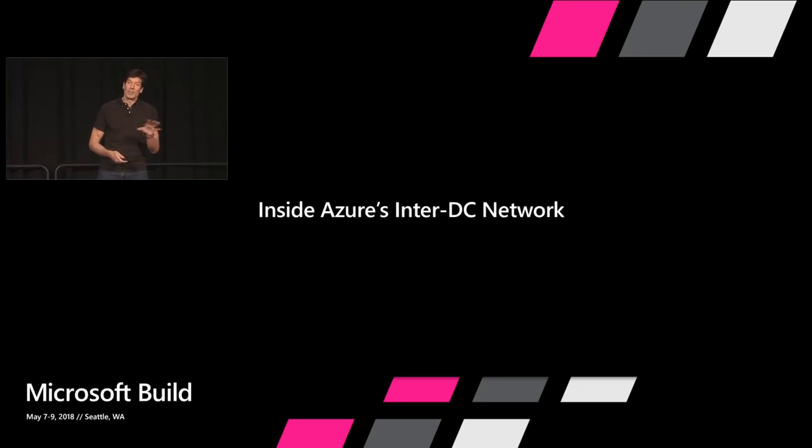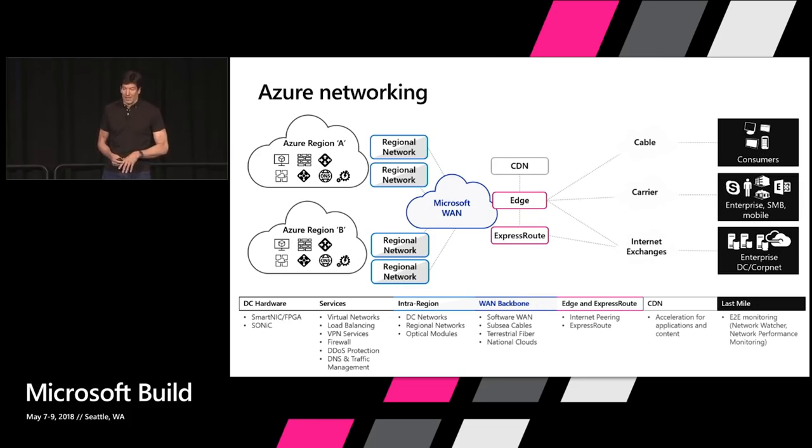Let me talk about our InterDC network now and what that architecture looks like. Here you can see 2 regions, A and B, and then you can see the connections out to the rest of the world, out to customers, enterprises, and enterprise VPN connections through ExpressRoute. That's all connected through our WAN, and we've got within regions, regional networks.